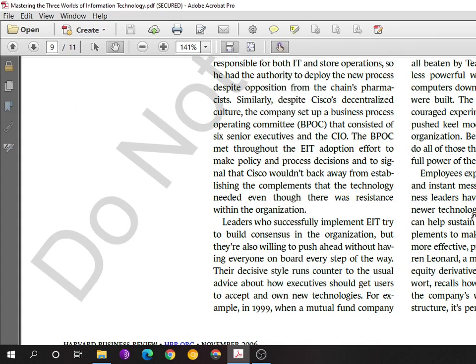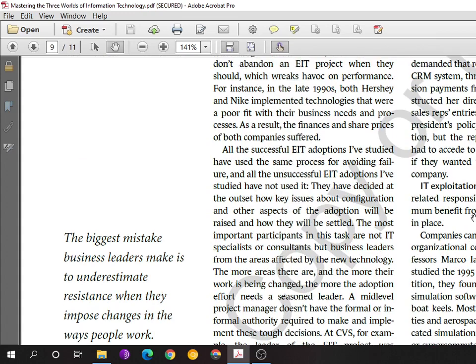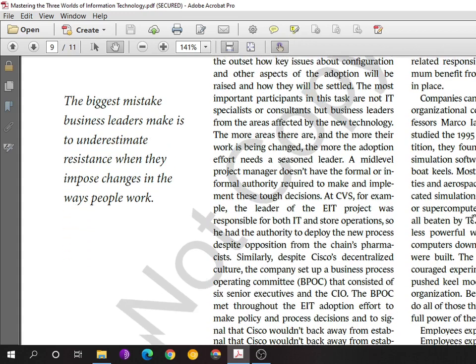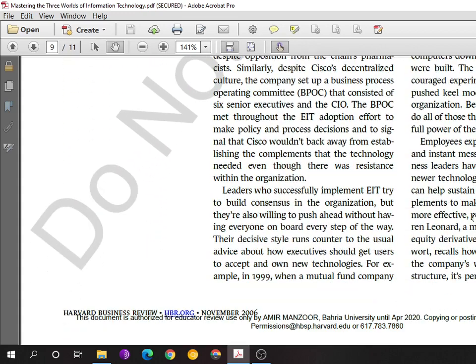Lastly, it is about IT exploitation. Business leaders' third IT-related responsibility is to extract maximum benefit from the technologies that are in place. Companies can best exploit functional IT by fine-tuning organizational needs and how everybody can work together and help out. For network IT, they know that sharing and collaborating will automatically make their work better, right?